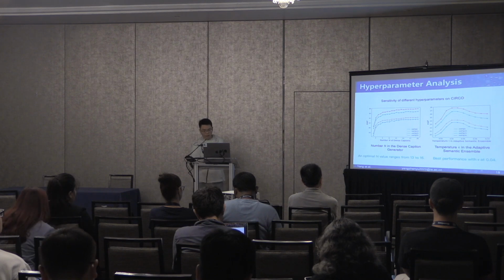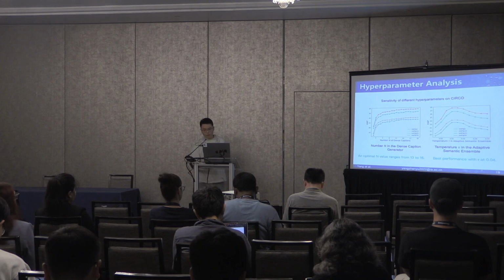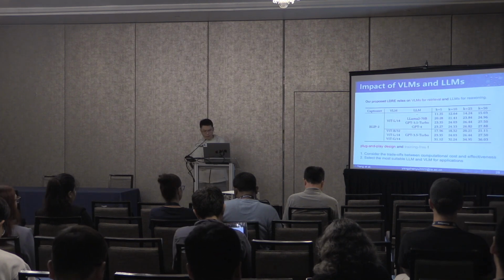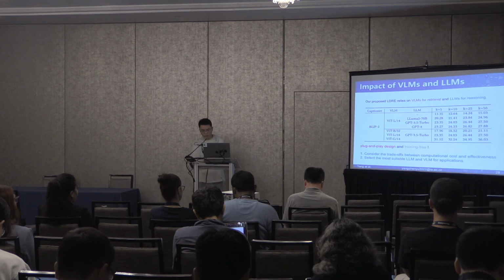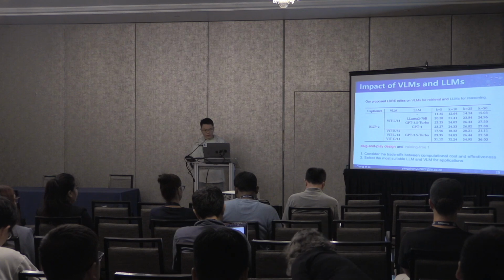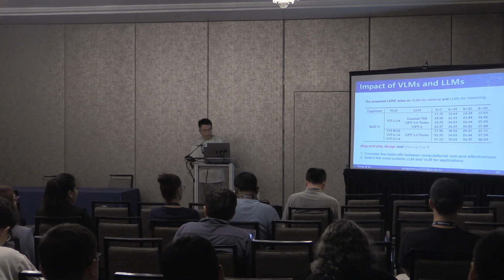From this figure, we can observe that the model can achieve the best performance when the tau value is set to 0.04. Since our proposed method heavily relies on VLMs for retrieval and large language models for reasoning, we studied several VLMs and large language models to understand the effect they have on the final performance.